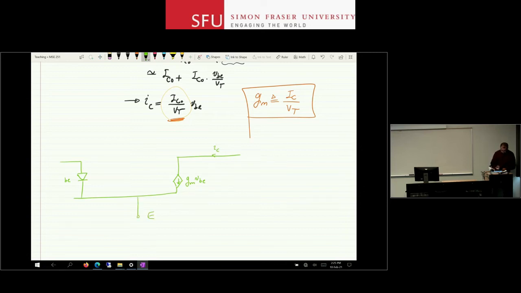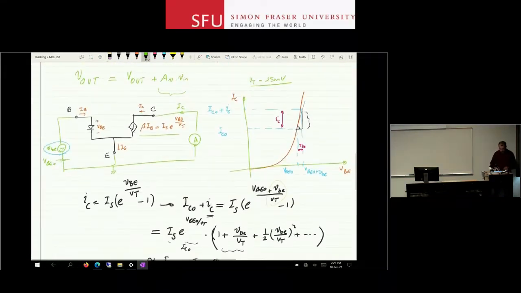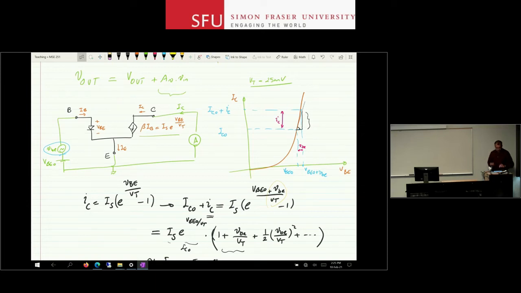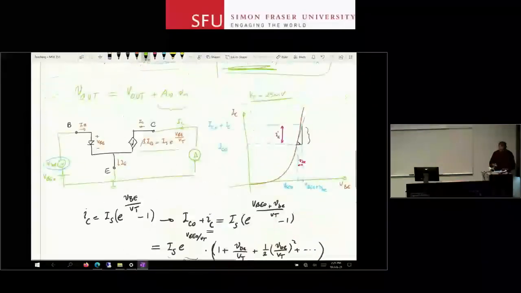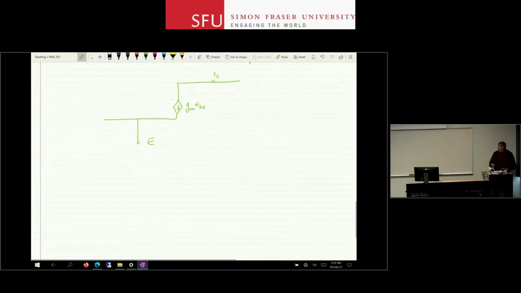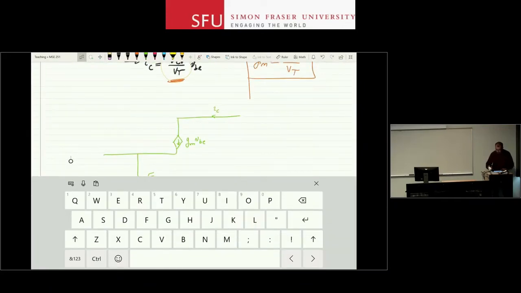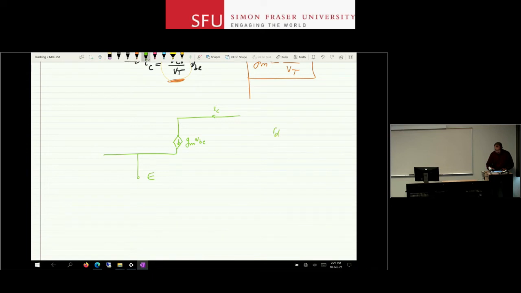Now, here at the base emitter end of this model, I also have to have a revision, right? There was a diode in there, and we saw that for a diode, when you look at the small signal variations, the diode is represented by a resistor. So for a diode, the resistor value that you used in small signal analysis was NVT over ID.